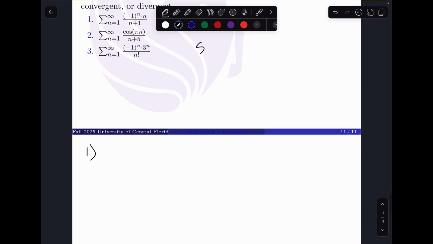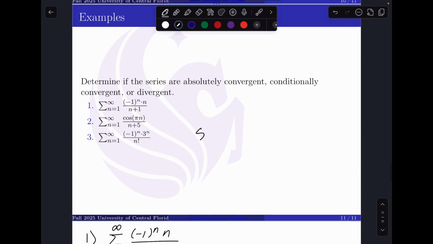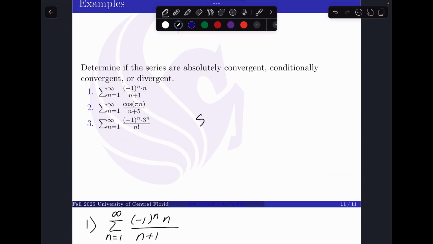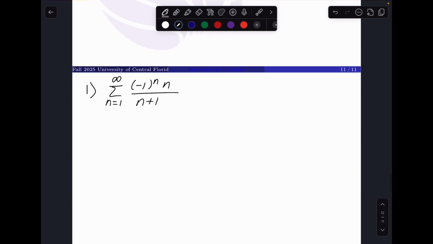Okay, so for this first one, we have the series n from 1 to infinity, (-1)^n times n over n plus 1, and we're trying to determine if it's absolutely convergent, conditionally convergent, or divergent. Well, we see that we have an alternating series. Maybe our first intuition is to try the alternating series test.